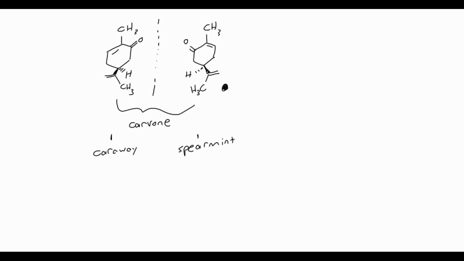So although they smell similar, your nose can actually differentiate between these two enantiomers. One smells one way, like caraway, and the other enantiomer smells like spearmint. And that's because the receptors in your nose are actually chiral themselves. And that is one important property of chiral molecules, which we'll talk about in a second.